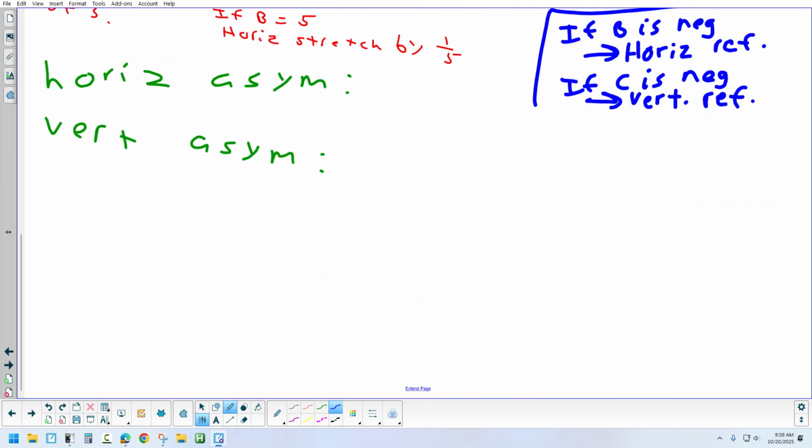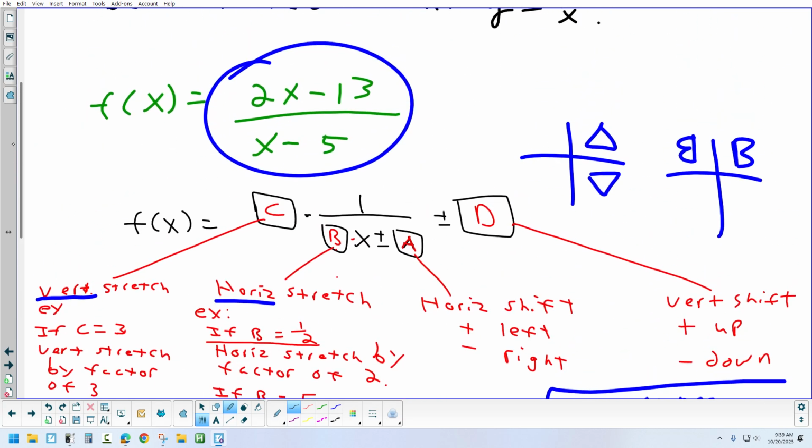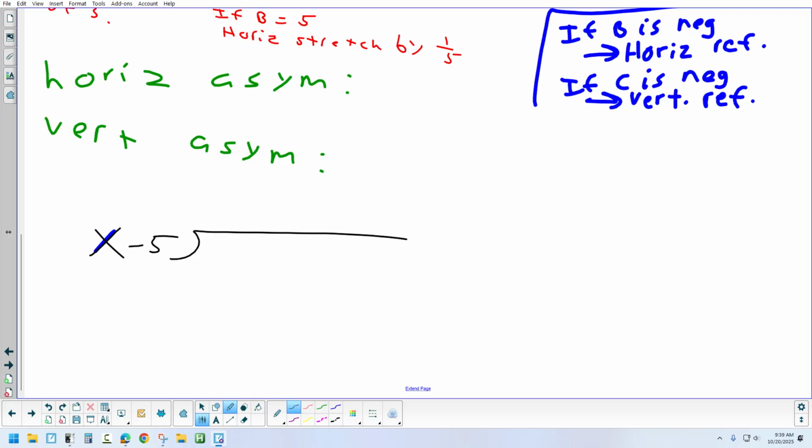Okay, so x minus 5 goes on the outside. 2x minus 13 on the inside. Okay. Take 2x, divide by x. What's 2x divided by x? 2.